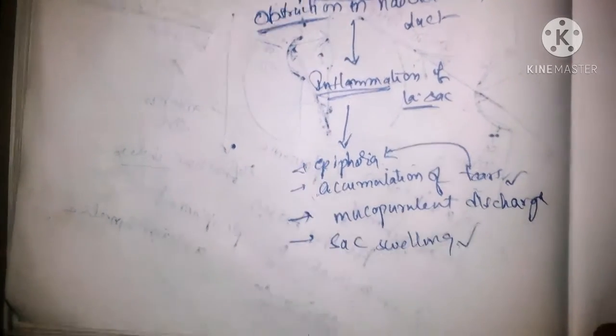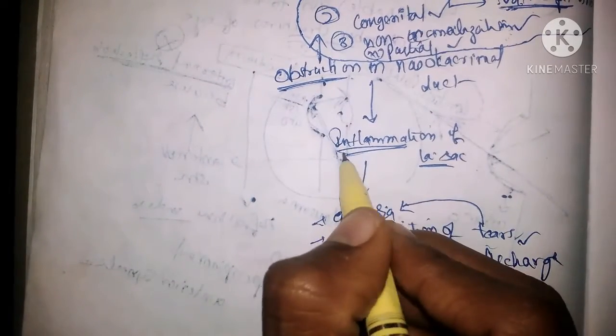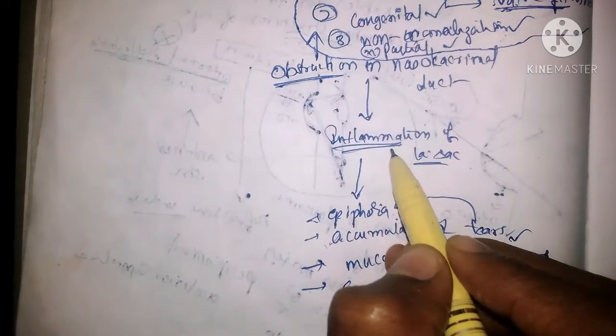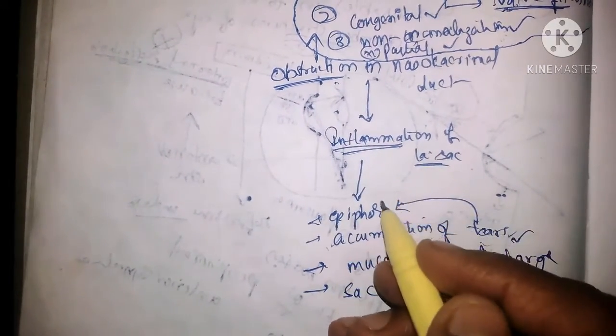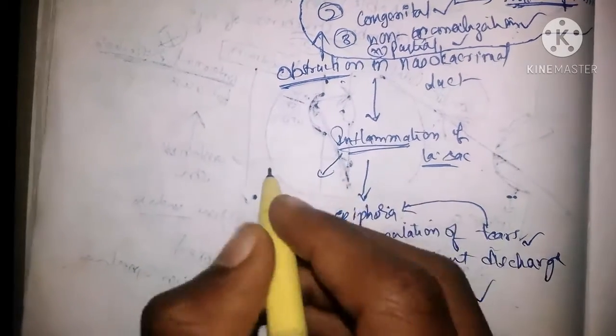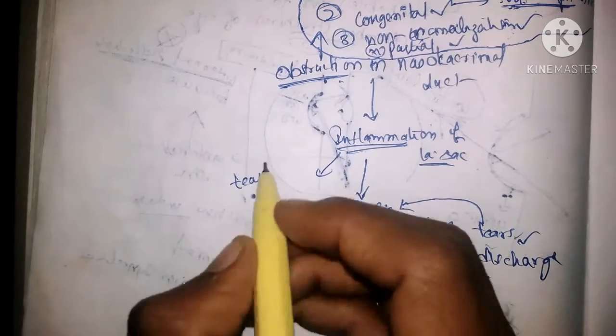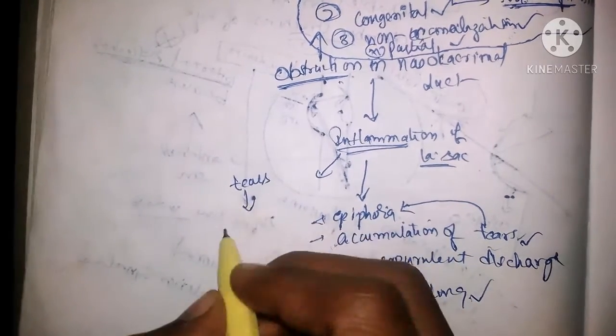Clear? So what we have to understand here is that due to blockage, there is inflammation, and due to that you will see tear accumulation in the sac. Due to this, what we see is epiphora.